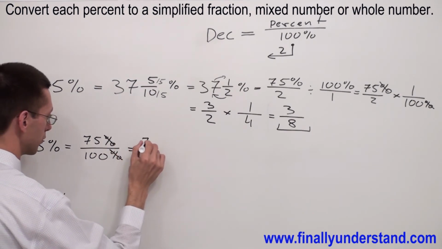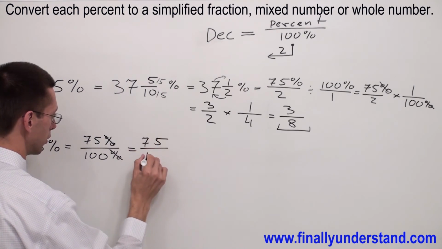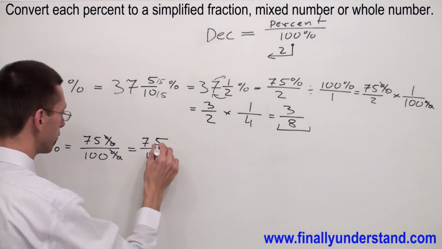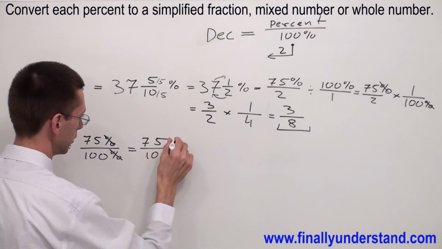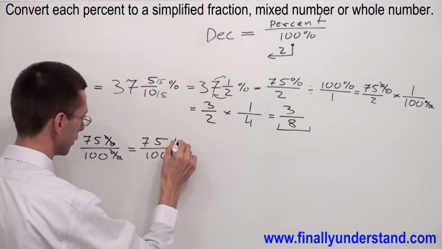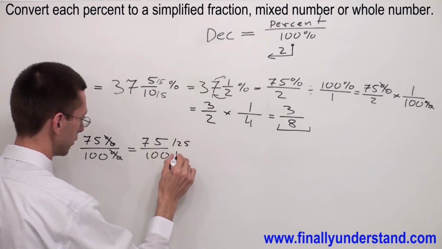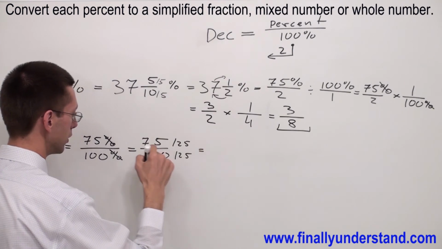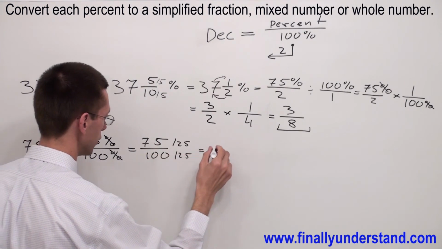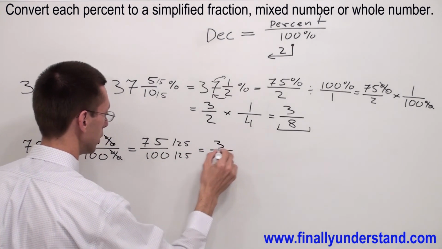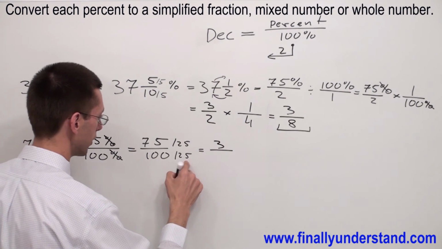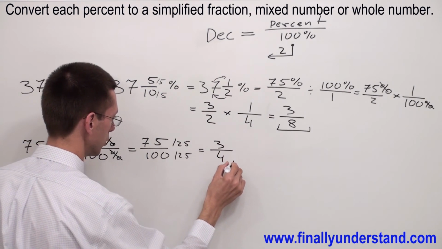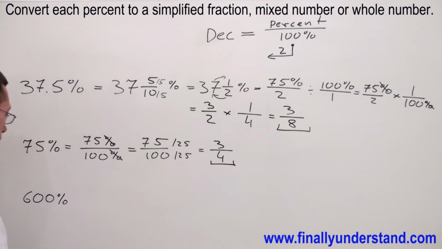That's why I'm going to have 75 over 100. We can reduce by 25. 75 divided by 25 is 3. 100 divided by 25 is 4. This is the solution to this problem.